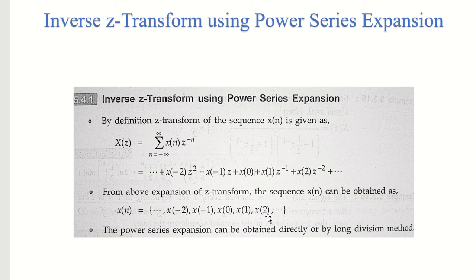So you can obtain the power series expansion directly or by the long division method, which is a very basic thing. Remember in the calculus class, when we used to divide polynomials. You can use that technique and derive the inverse Z transform.